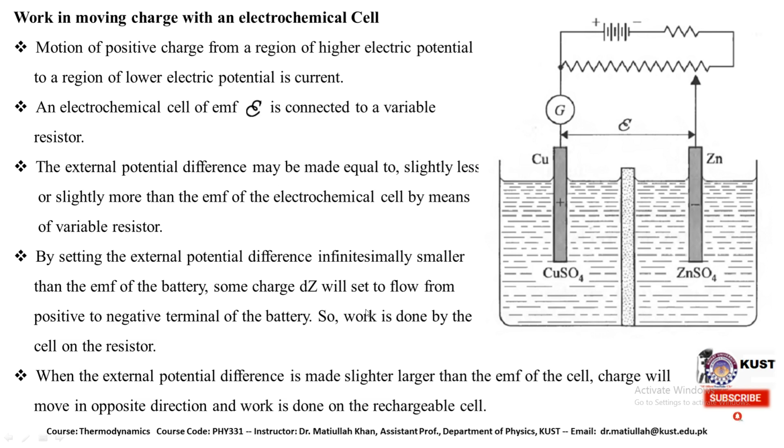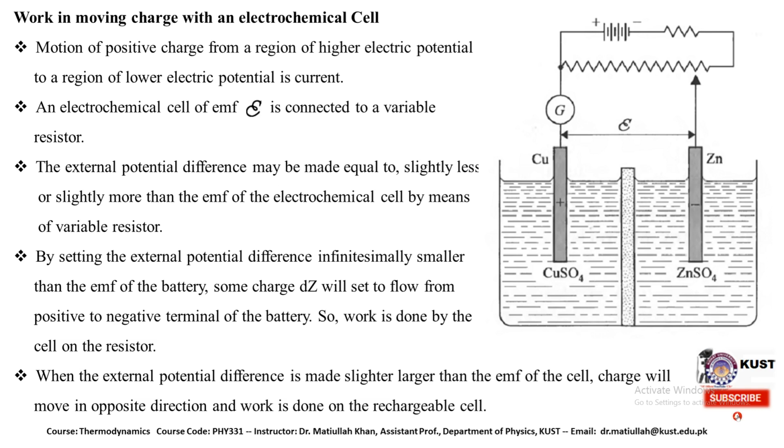In this case, the battery will lose charge. So what happened? Work is done by the cell on the resistor. It means negative work is done by the system on the surroundings, which is the same as work done by the system on the surroundings.